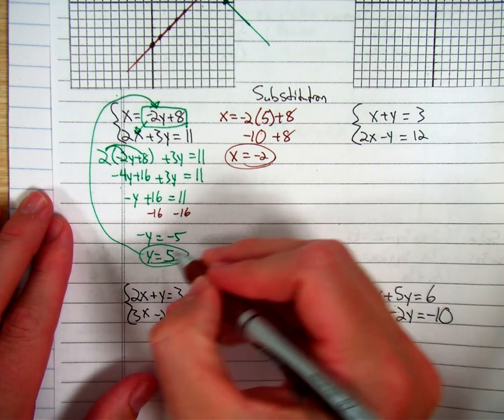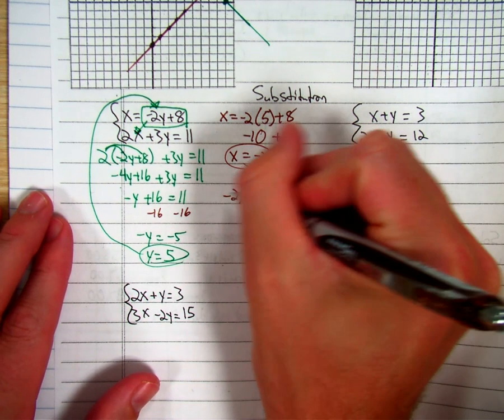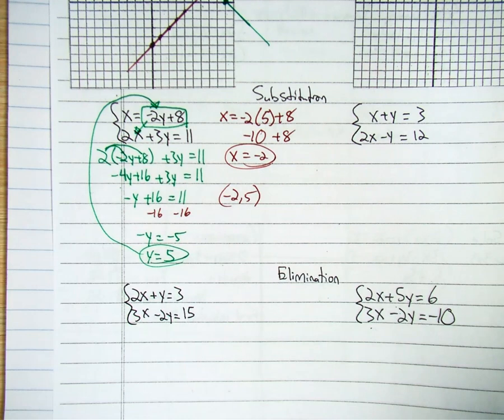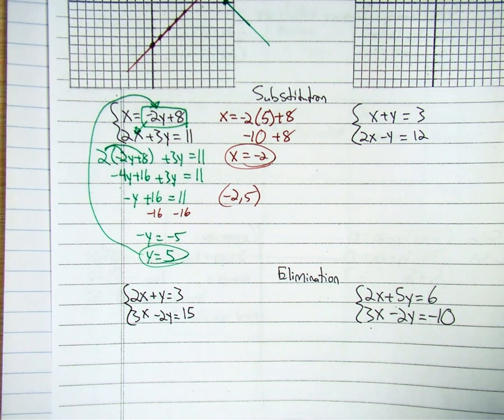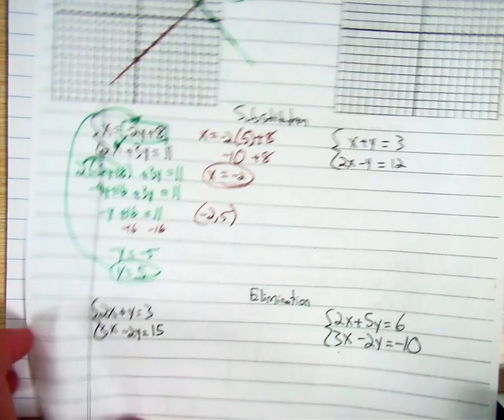We'll have negative 2, 5. And again, you should be able to check those by plugging them in for x and y, and it should work in both sets. Last one on this side, elimination.